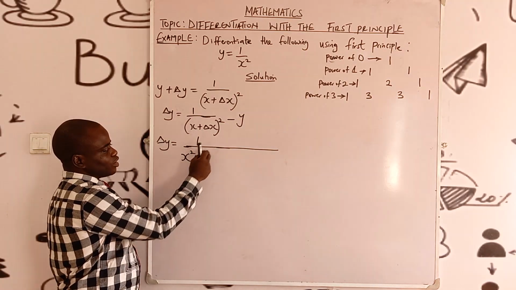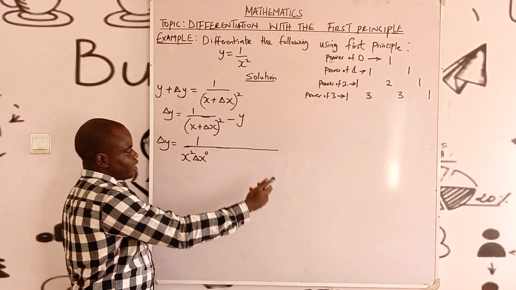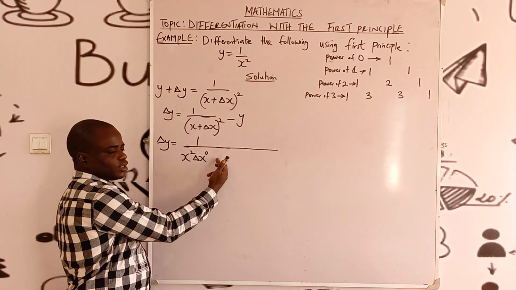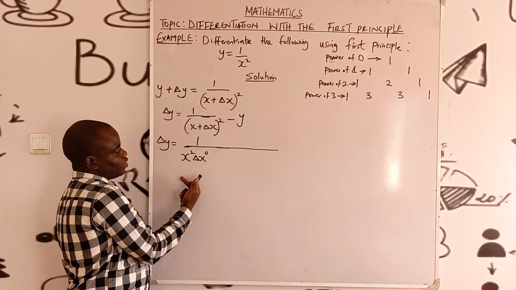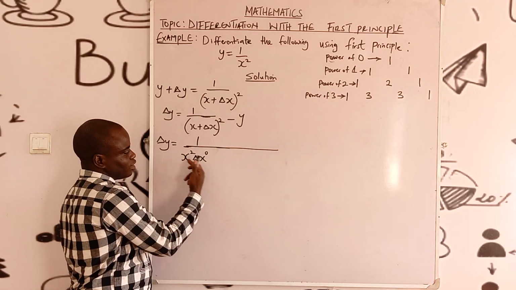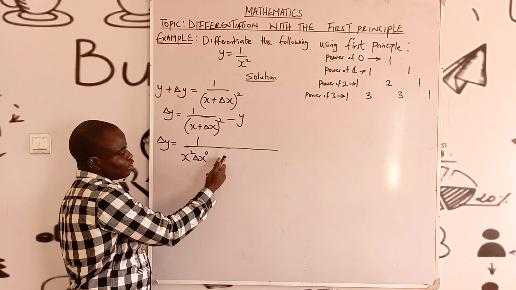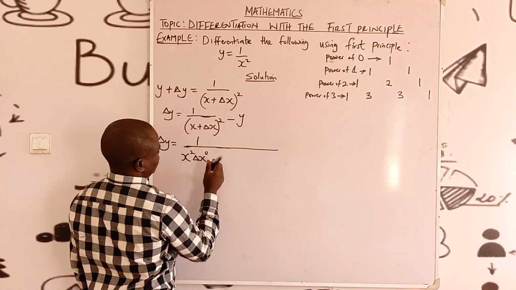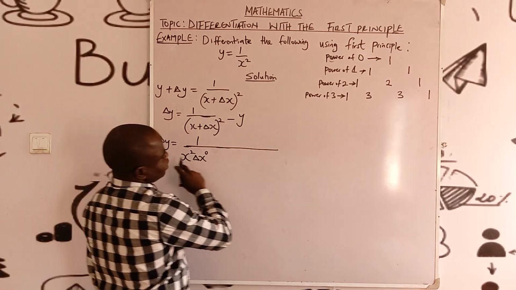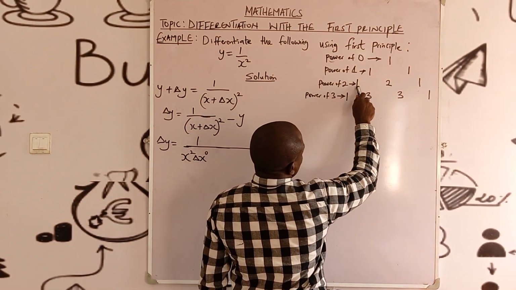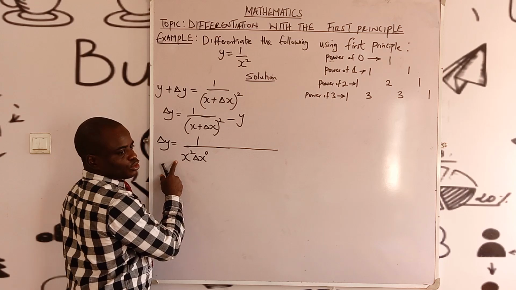X squared dx will be raised by 0. The next expression I will write is that x will be reducing, x raised to power 1. The x will now start increasing, but don't forget that this 1 is here by the side, but you don't need to put it.